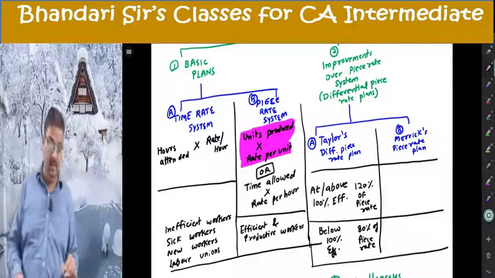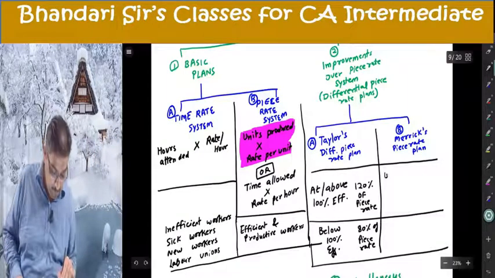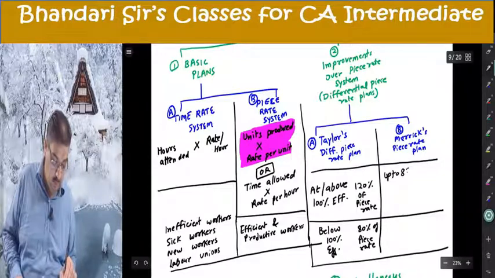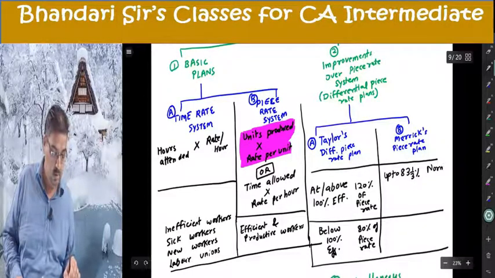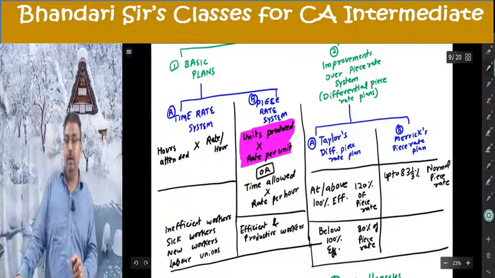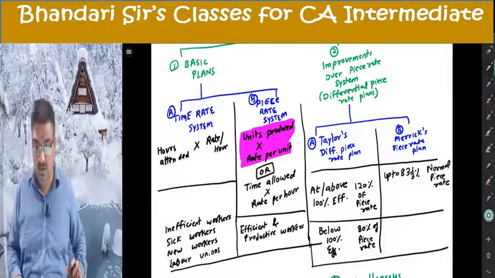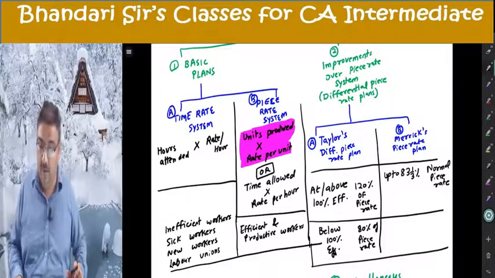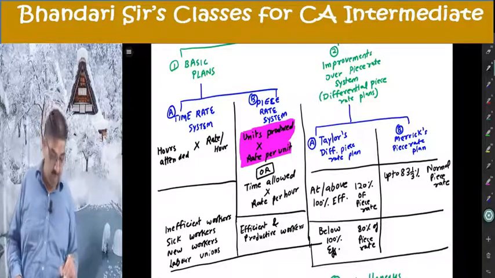Merrick, what he said? Up to 83 1/3% you will be given normal piece rate.